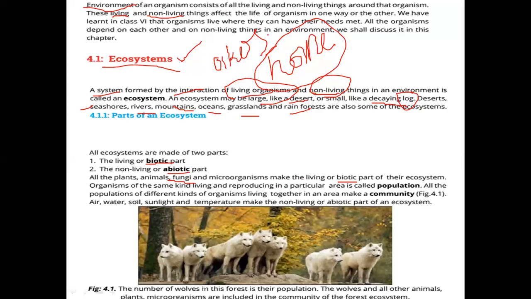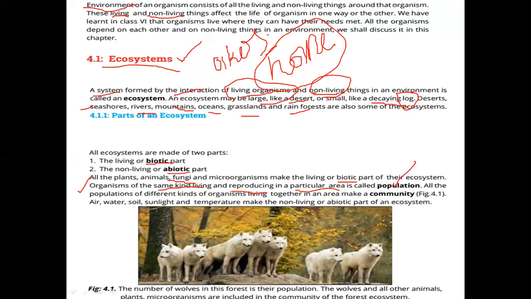Among biotic factors, organisms of the same kind which live and reproduce together in a specific area, producing their young ones, are called a population.